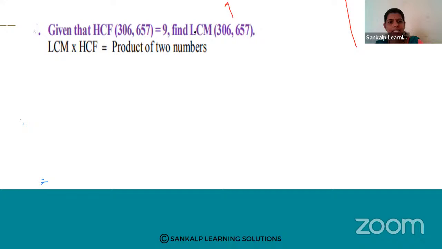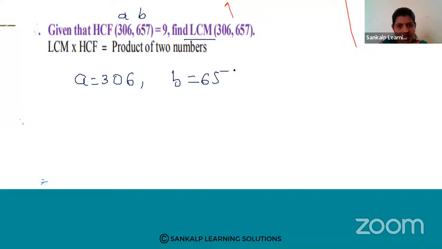Okay, so let us solve this question. Given HCF, find the LCM. We solved the same question before. The two numbers A is 306 and B is 657, and HCF is 9. We have to find out LCM.